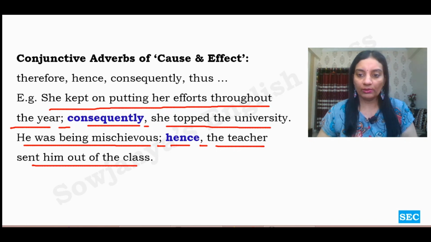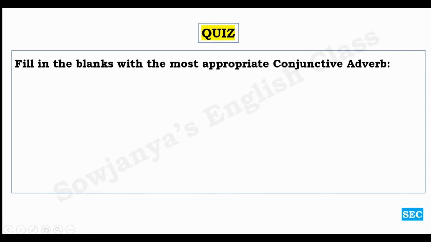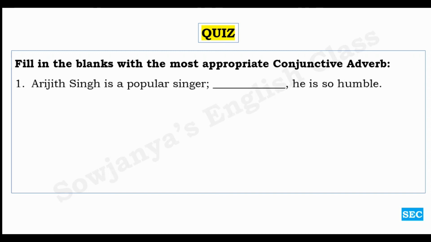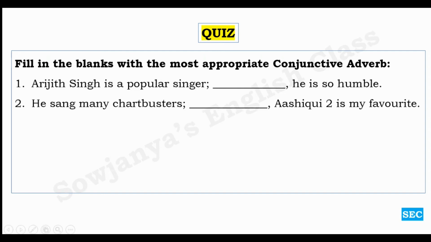Let us have a look at the simple quiz. Fill in the blanks with the most appropriate conjunctive adverb. Arijit Singh is a popular singer; he is so humble. He sang many chart busters, chart busters in the sense popular songs.